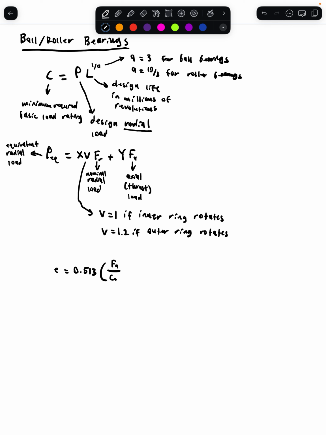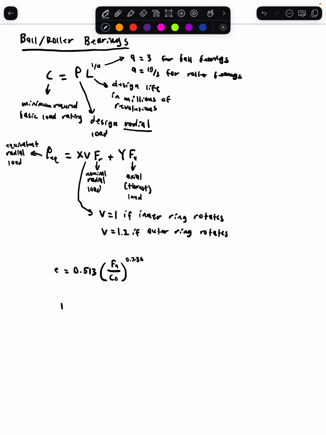The C naught is called the basic static load rating from the bearing catalog. So this C up here is your basic dynamic load rating. This is your basic static load rating. That's why it's different. And then this is going to be to the 0.236 power.